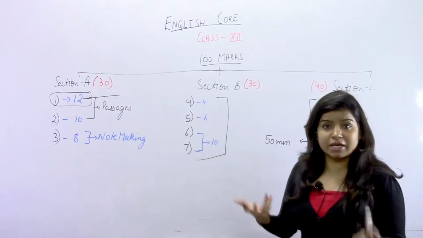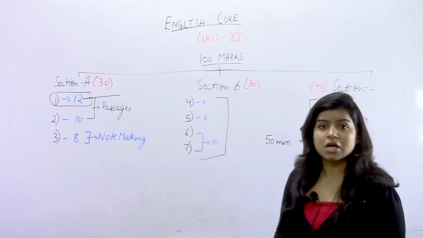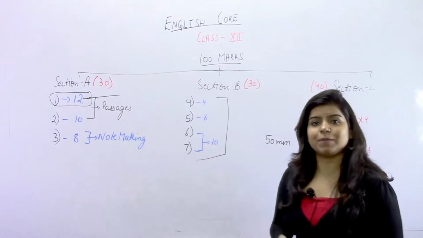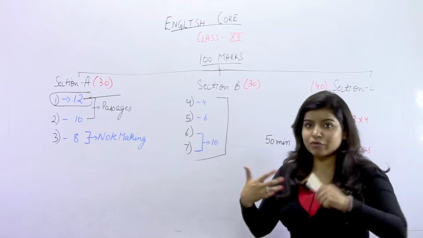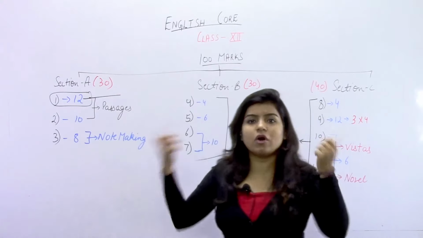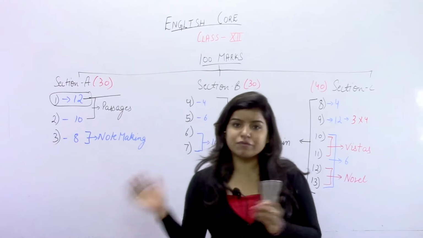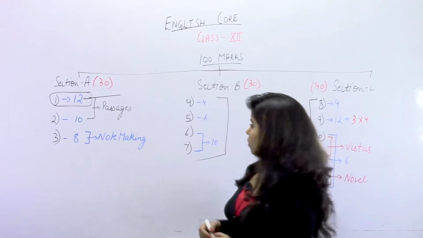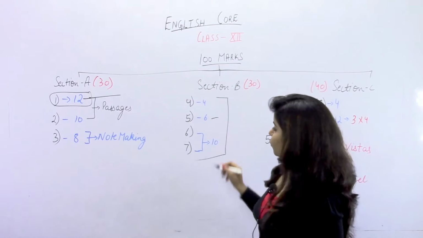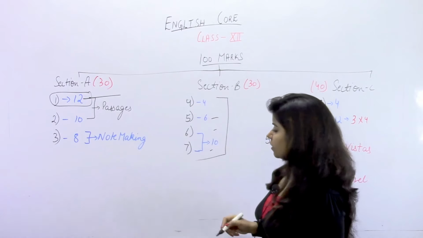Jotting those points will help you when you are writing out your final answers. When you feel like you forgot what you had thought earlier, you can flip the answer sheet, go through it, and then write. The same applies to the 5th question, and the 6th and 7th.